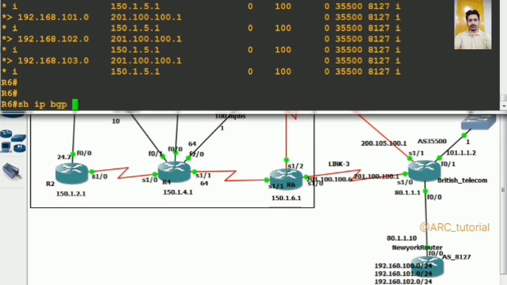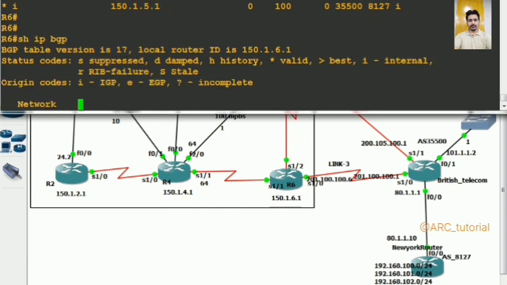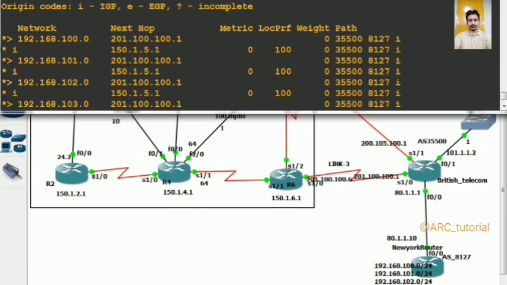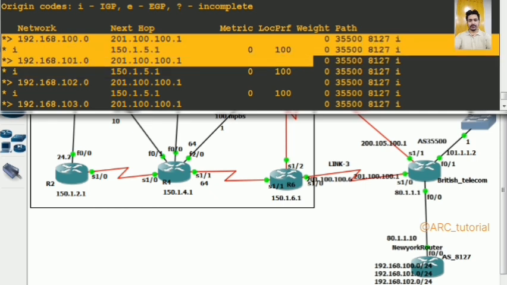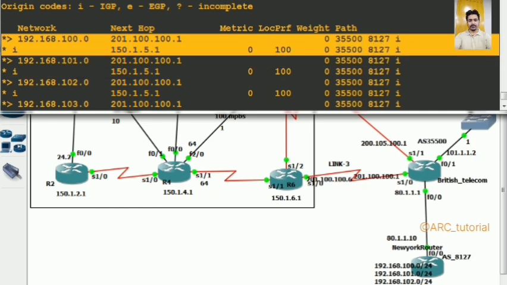Now, its best path is via BT. Check it out. Why? Again, you have to discuss it with me. Why has R6 defined its best path via BT only, not via Esprit or something else?